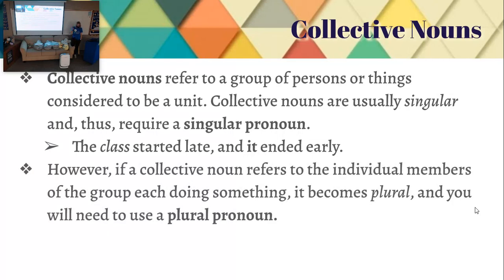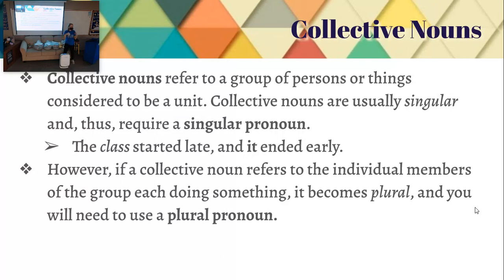Now, this is where collective nouns get kind of tricky. I do kind of a visual with my hands that makes this easier to understand, so you might want to look. If the collective noun is working together as one unit, then it's singular.